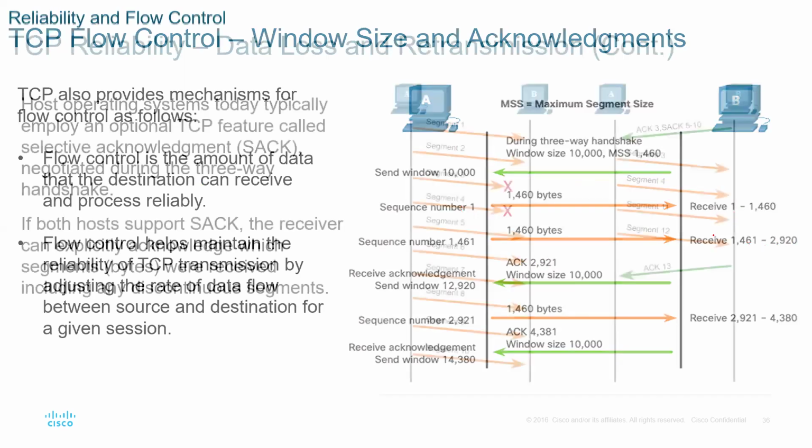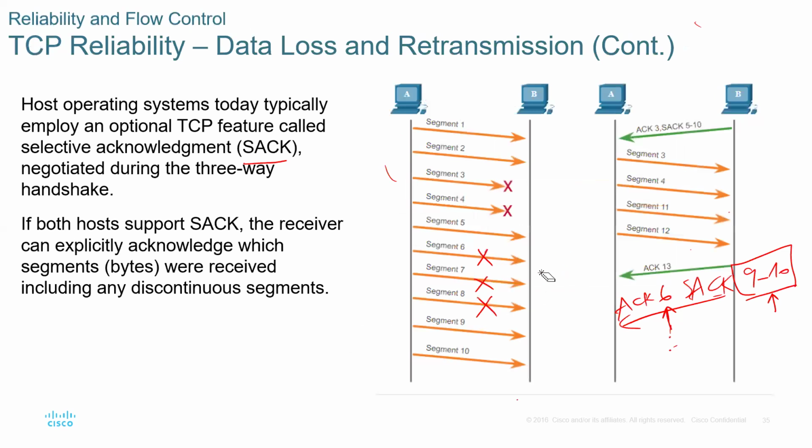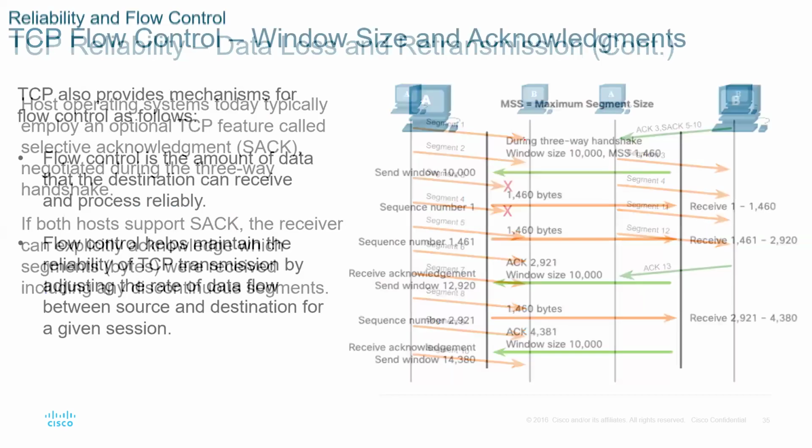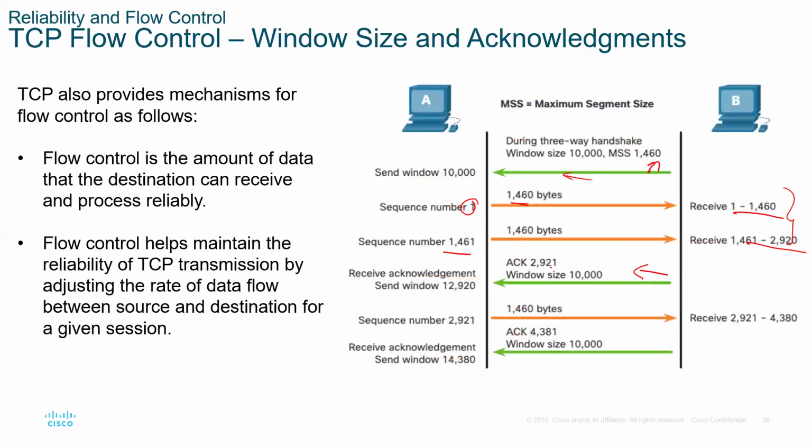Going back here, the logic was that the acknowledgement comes back. It shows us the information the receiver has received. If acknowledgement 3 comes back, it means we've received segments 1 and 2. Here the acknowledgement coming back is 2921.